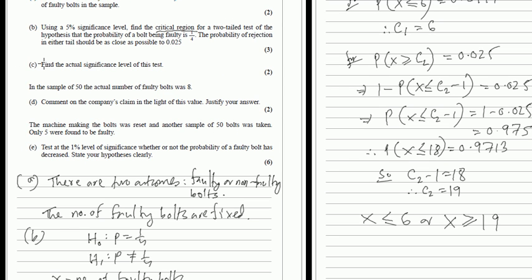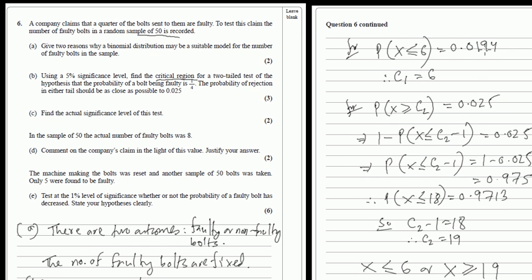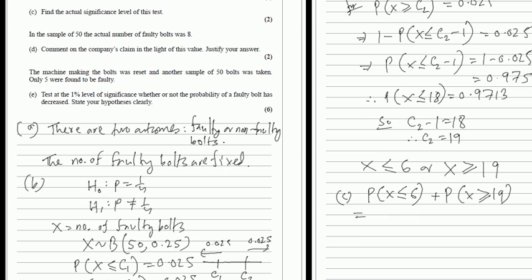So the next question is, find the actual significance level. This is question number C. The actual significance level is going to be the probability of x is less than or equals to critical region 1, or x is greater than or equals to critical region 2. Less than or equal to 6, we found out, is 0.0194, plus greater than or equals to 19, which is 1 minus the probability of x is less than or equals to 18.